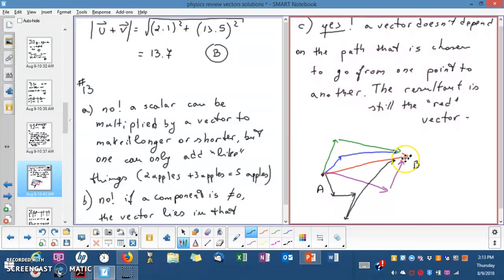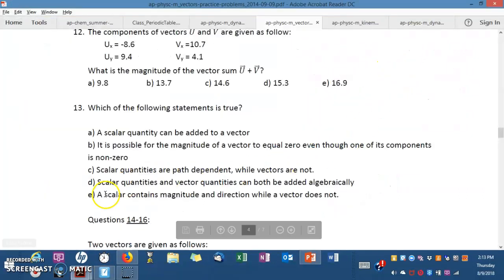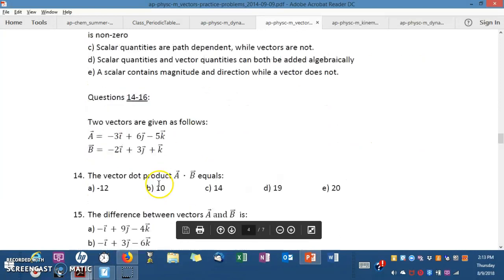So the vector doesn't change. The value is not path dependent. So that is true. Then, scalar quantities and vector quantities can both be added algebraically. We just said no, because it's the same thing as before. And a scalar contains magnitude and direction. No, that's the definition of a vector, not of a scalar. So for 13, your answer is C.